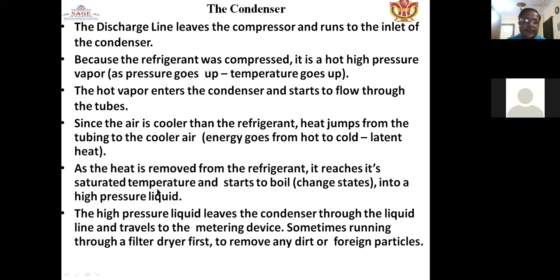When the high pressure, high temperature refrigerant vapor goes into the condenser, it will be condensed by the external sources and changed into the saturated high pressure liquid condition, because the condensation takes place at a constant pressure and a constant temperature.